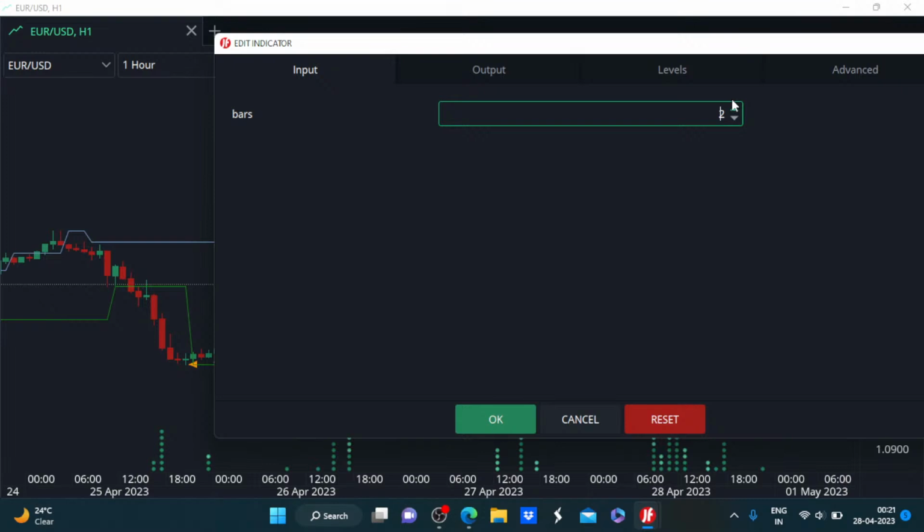Then if you feel like, you can go on to increase the number of candles on each side, and accordingly you will have this indicator working out quite differently. Now as I have increased the number of candles on each side to 5, you are seeing that the fractal lines formation has changed a lot.